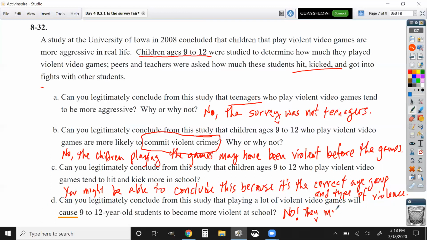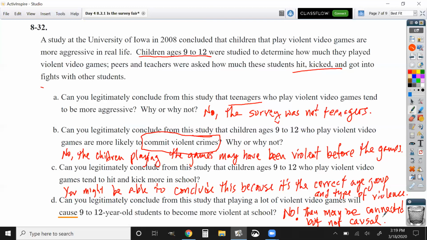Let's try that again. They may be connected, but not causal. C-A-U-S-A-L. So we're not saying that the game caused it.